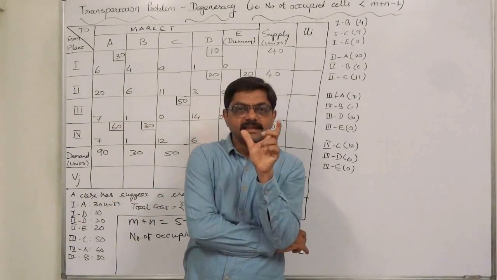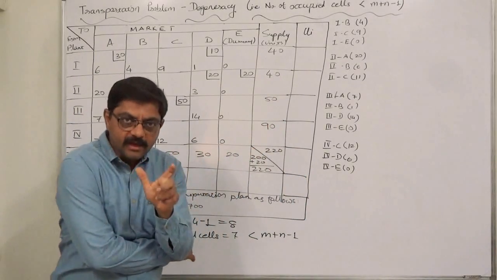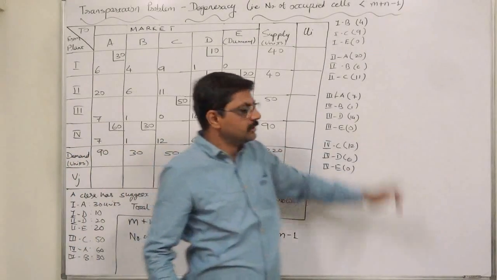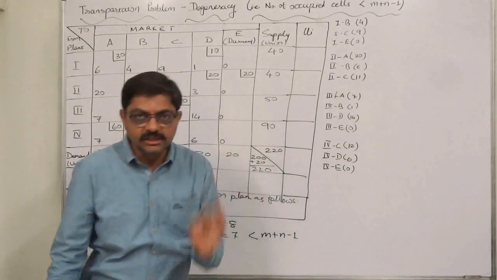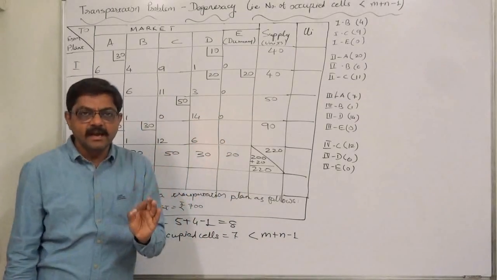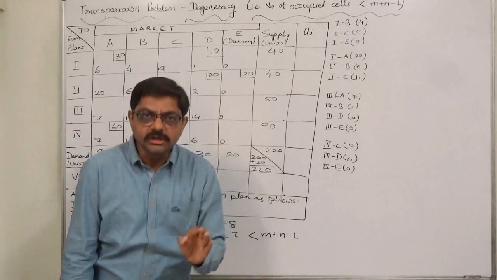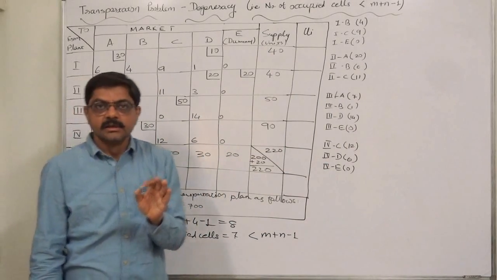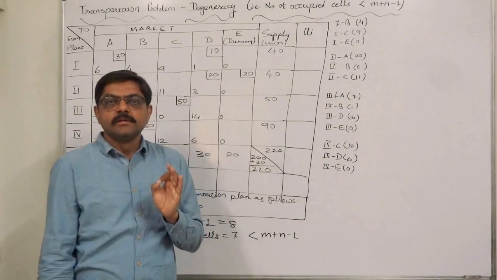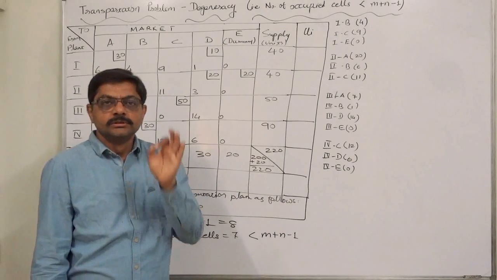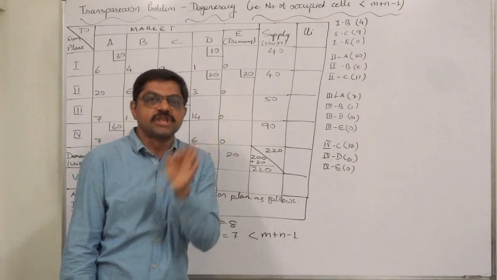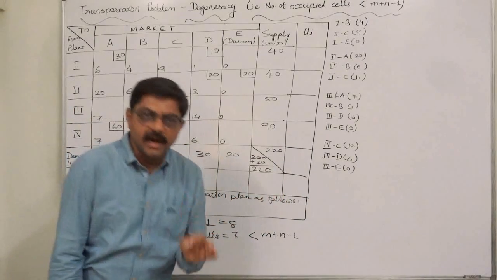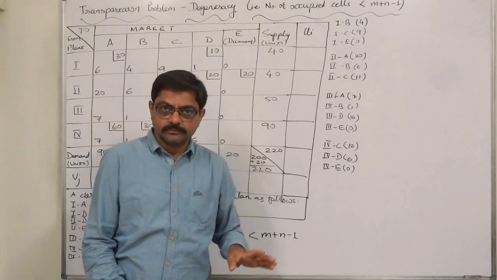But what do we mean by the word independent? The cell we select should be such that from it we cannot trace a closed loop. Yes, the empty cell we select is such that from it we cannot start a closed loop.